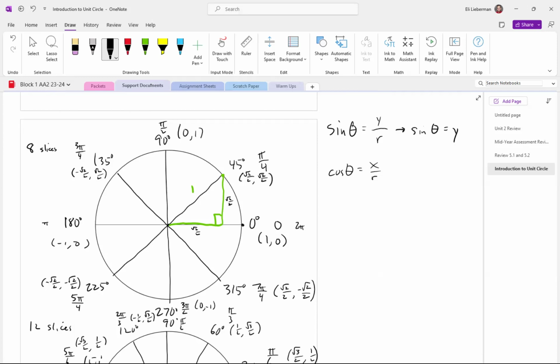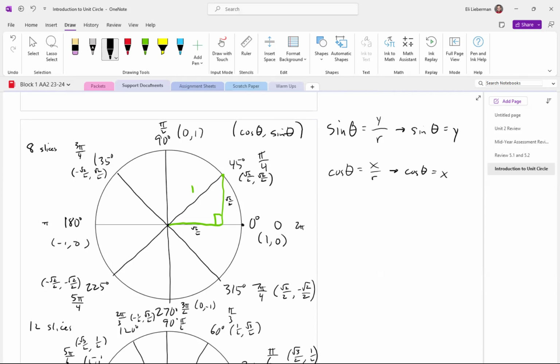It's just the X or the Y. So for the unit circle, and this is what you need to write at the top, in the coordinates, the first value is the cosine theta. Second value is sine of theta. That's the hugest thing about the unit circle.